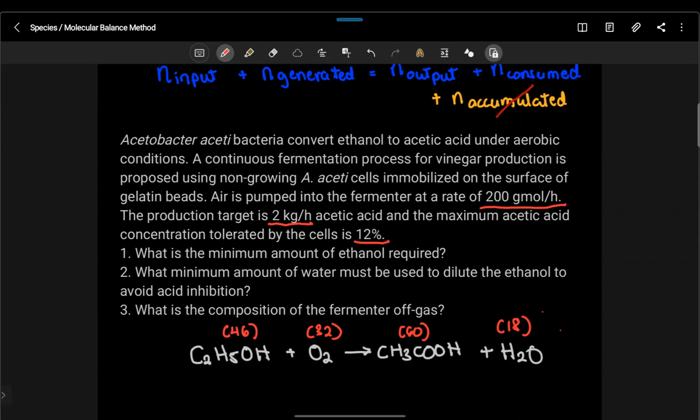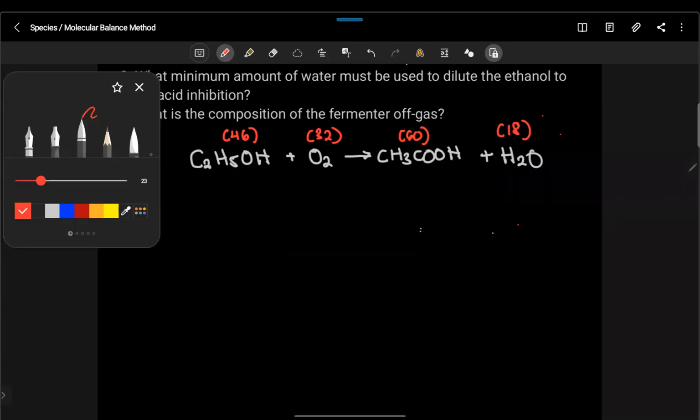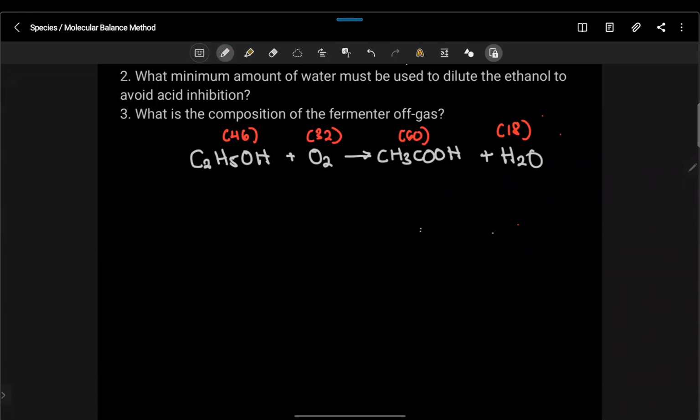Okay. Now, let's proceed and let's probably draw the diagram first. Okay, let me draw at least that. Sabihin natin ito yung ating fermenter.